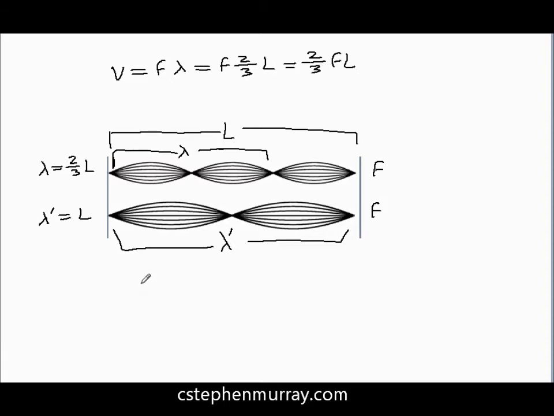Down here, our new speed equals f times our new wavelength, which is just L. So notice that our new wave speed is 1/3 faster than our initial, or I guess I should say this one is 2/3 of the second one. So just as we suspected, we tightened up the string and we got a faster speed.